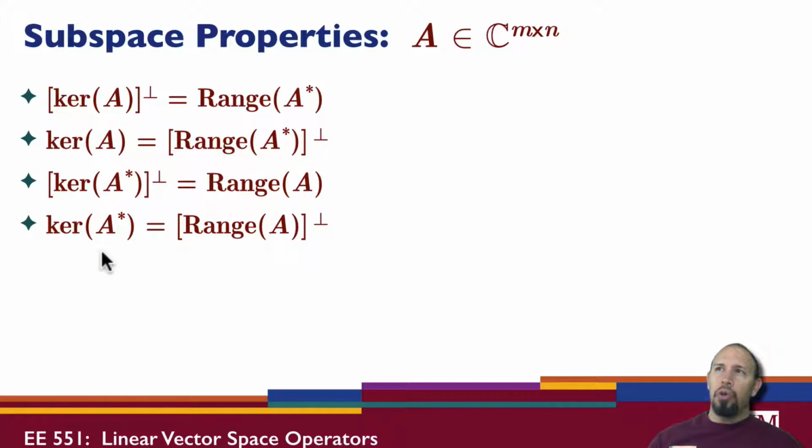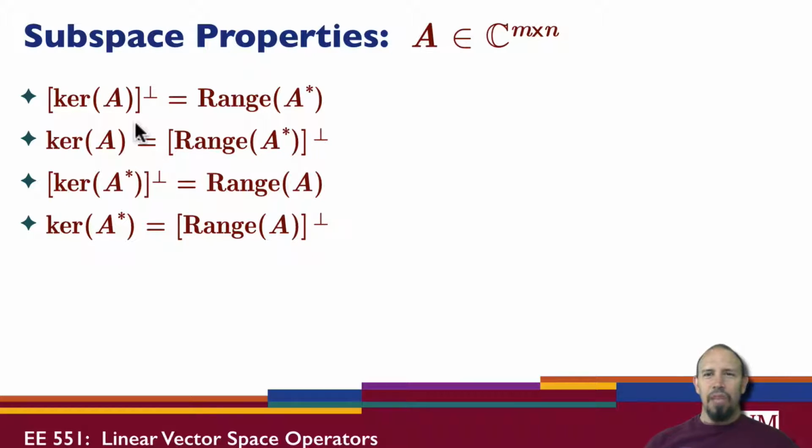But you can go through and show, just based on the definitions, that these properties hold. We have 4 of them, and they're all related. For example, if I take the orthogonal complement of this equation, I get this equation, and these just give us the adjoints of those.